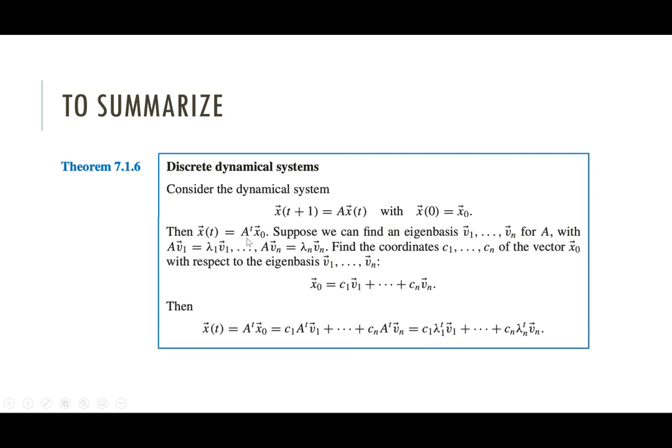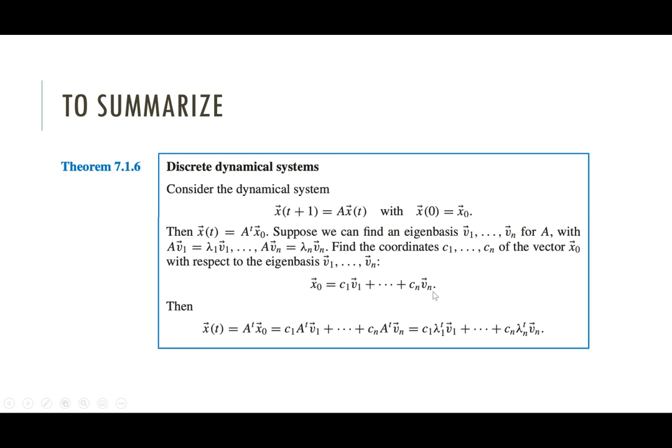But as we saw, to find a closed form for A to the t, we need to find an eigenbasis for A. So this is our eigenbasis: Av1 is lambda 1 v1, all the way up to Avn is lambda n vn. And then you find the coordinates of your initial state vector in this eigenbasis. So your initial state vector is c1 v1 plus all the way up to cn vn.